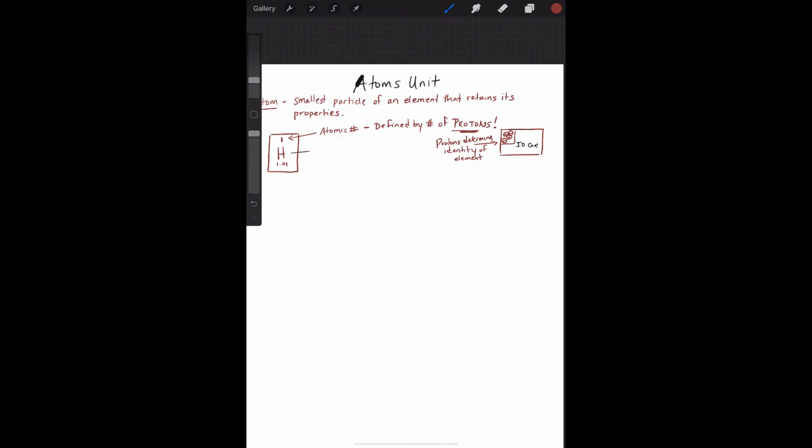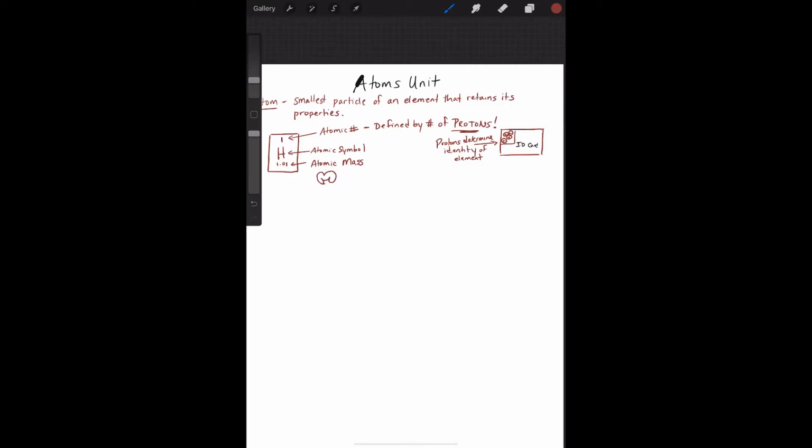This is my atomic symbol for the element, and this is my atomic mass. When we're thinking about mass, we always want to round the mass when using it for APE MAN.